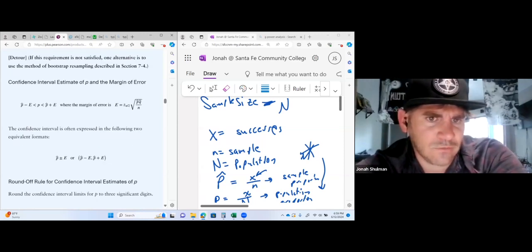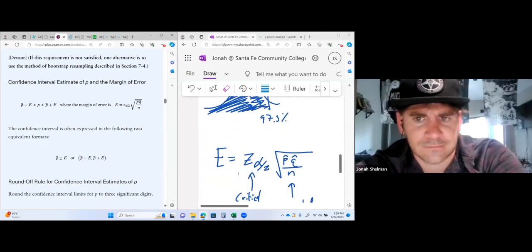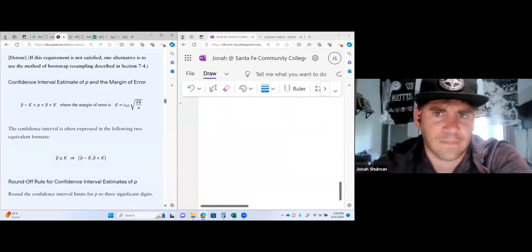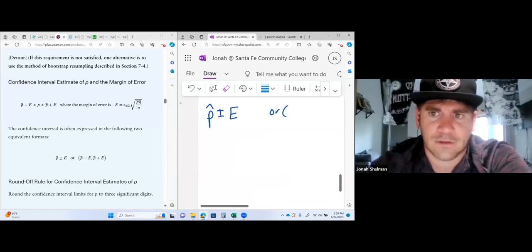This confidence interval is also expressed in the 2 following formats: p̂ plus or minus E, or same idea, (p̂ minus E, p̂ plus E).